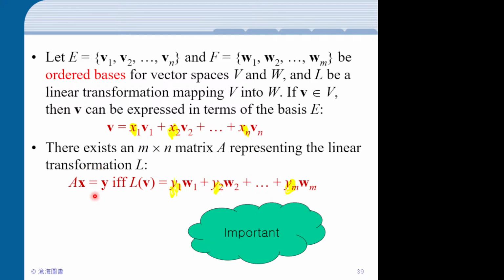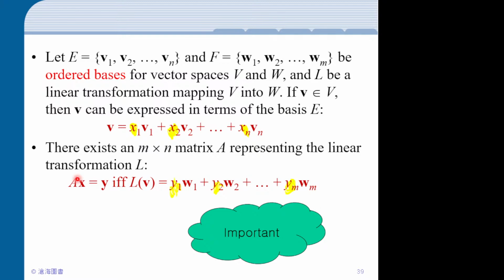And finally, then we can talk about a matrix. A matrix will relate this x1 to xn vector and this y1 to ym vector. And yeah, so like before, you can find a matrix A such that y equals Ax. Okay, so this is quite a mouthful.